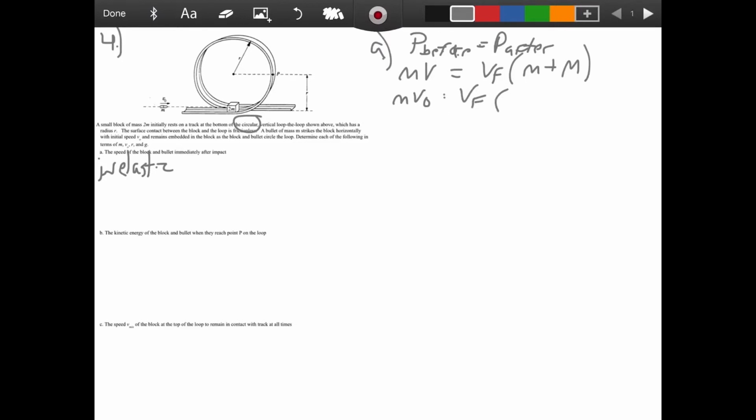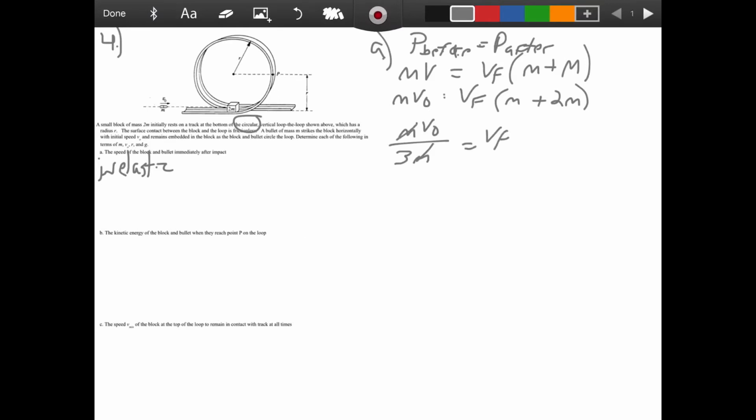The bullet has a mass of m, and the block has a mass of 2m. So that becomes 3m.